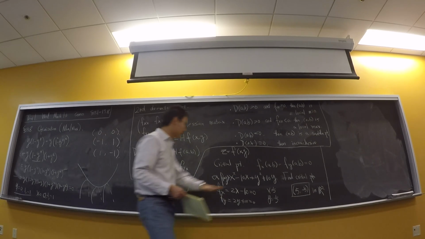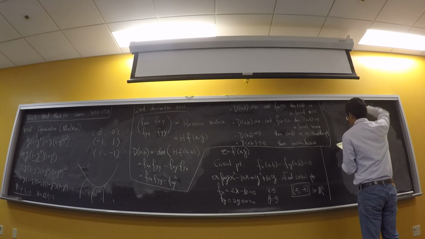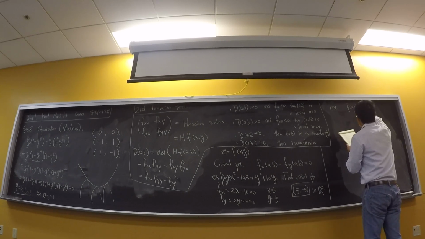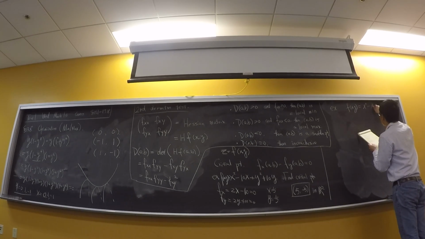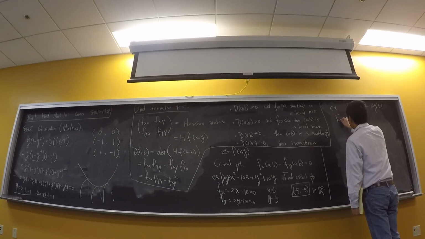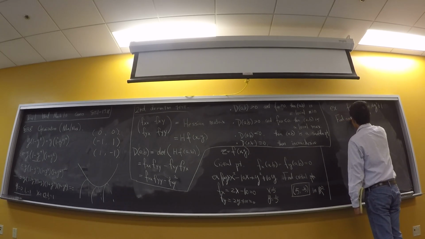So I have to find the critical points by taking the first-order derivative, where it vanishes. Take f(x,y) = x squared minus 4y squared plus 1. A typical question will be: find all the critical points and classify.